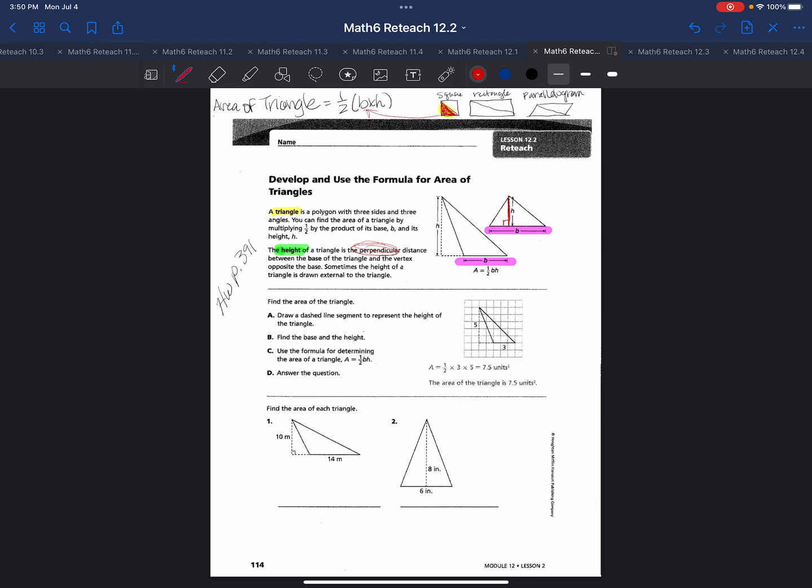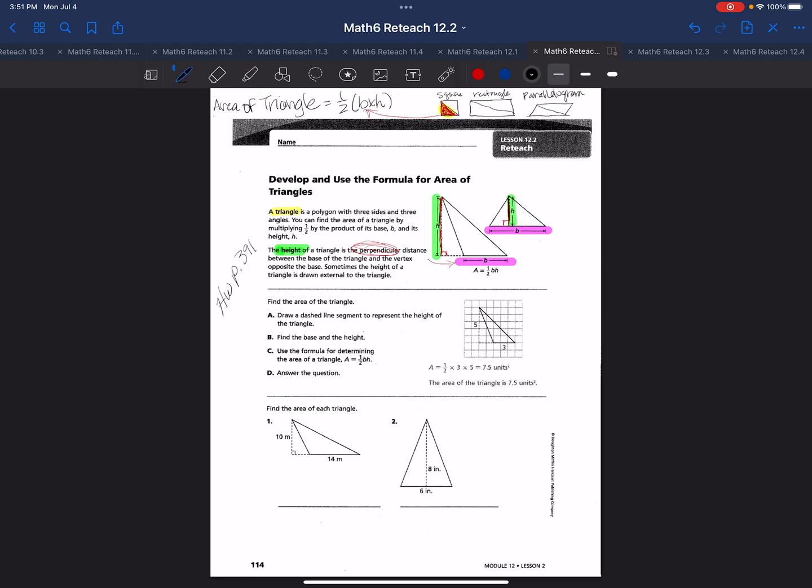In this triangle, in the second example, I have to draw the height from the vertex, but I have to draw it on the outside of the triangle. It's drawn externally because that would be perpendicular here to the base. So I want you to remember that sometimes the height is drawn on the external and sometimes the height is drawn on the internal portion of the triangle.